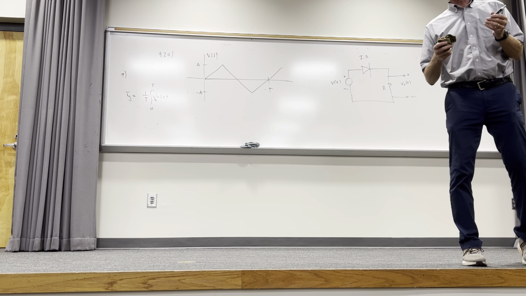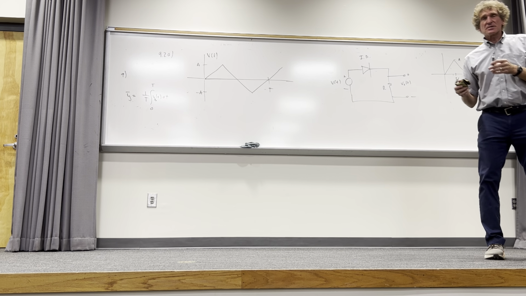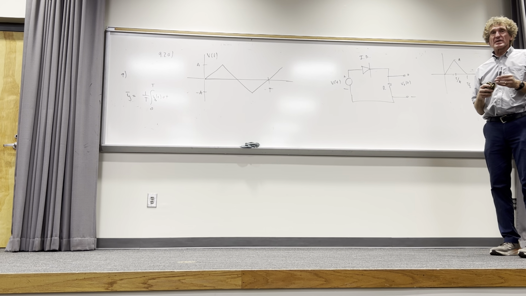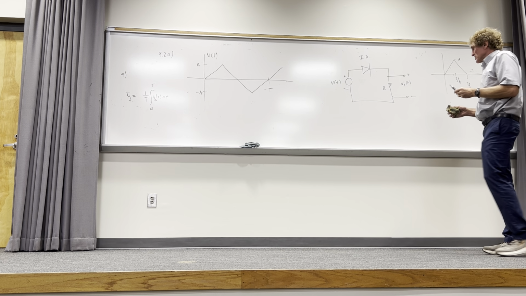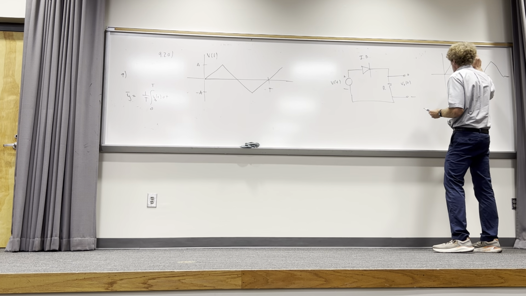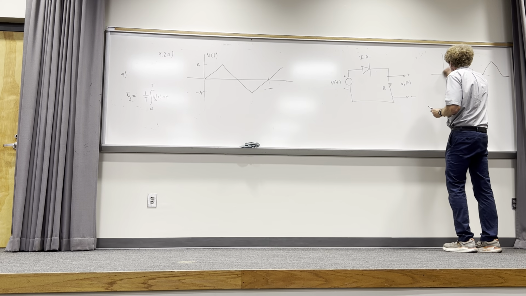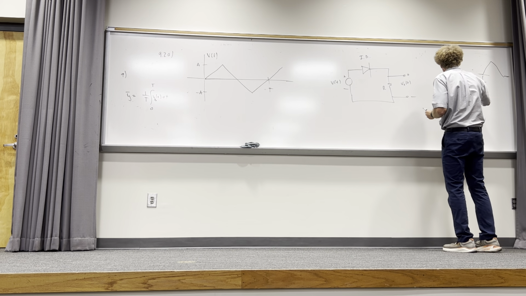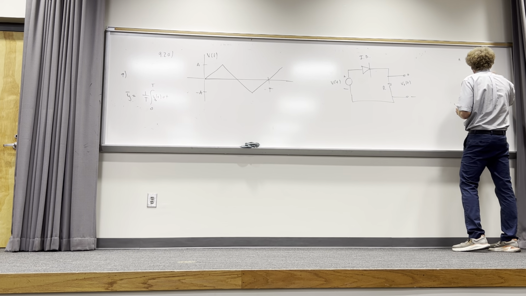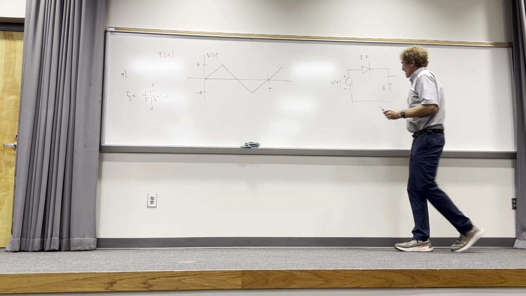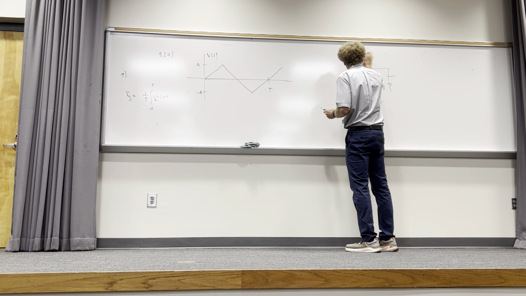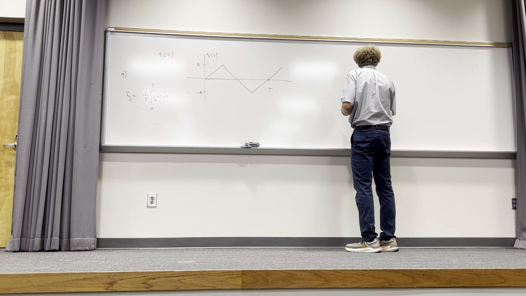Now, full-wave rectification, it's a little more involved, but it's the same basic principle I'm going to show you. Consider that waveform still. Here's what a full-wave rectified circuit would look like. It's important you actually appreciate this and understand it.